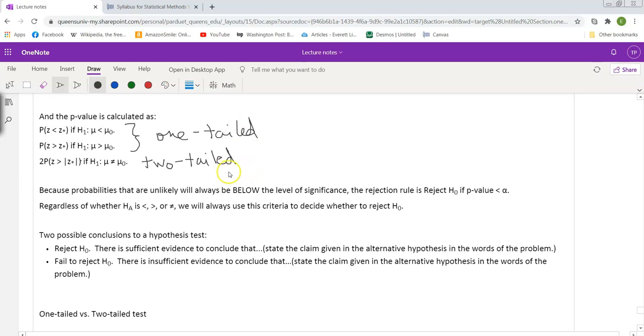Just keep in mind that two-tailed means the alternative hypothesis is not equal to. One-tailed means it's less than or greater than.